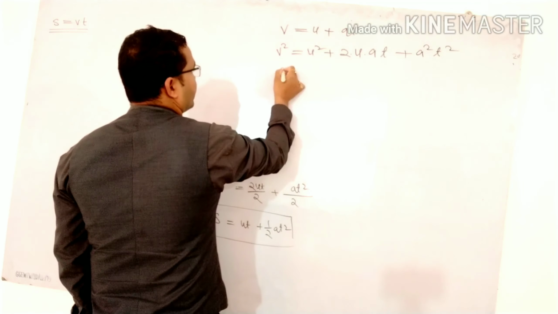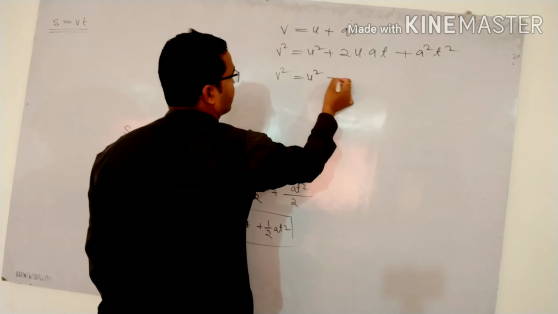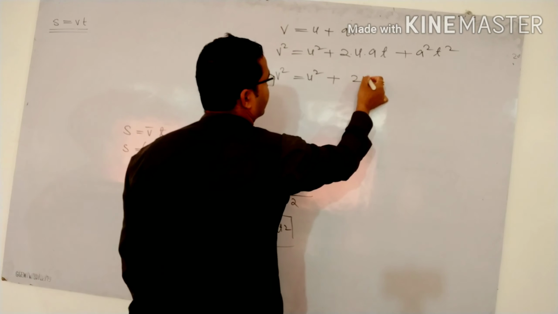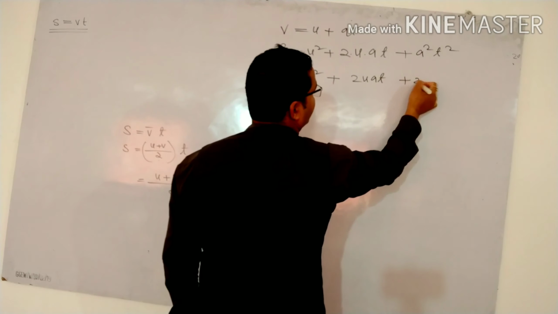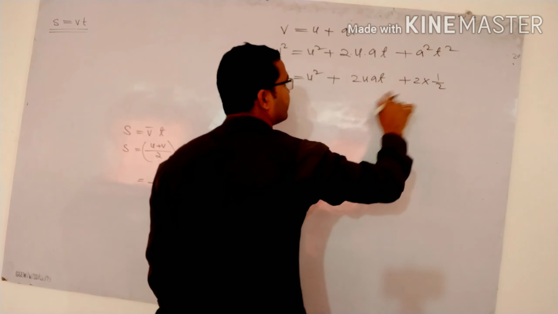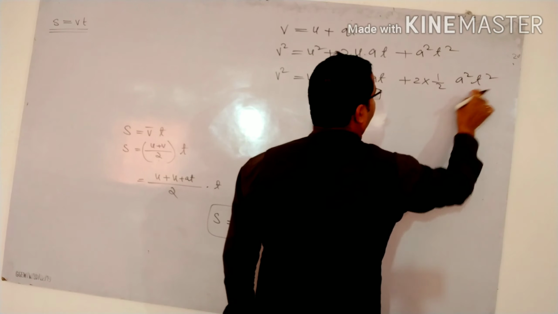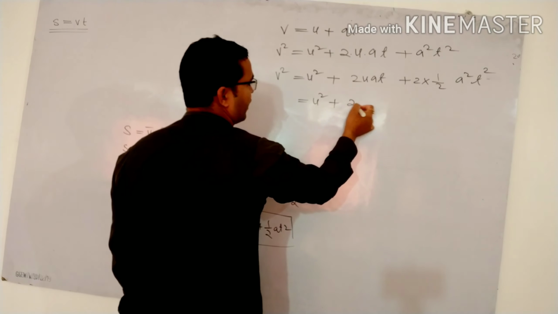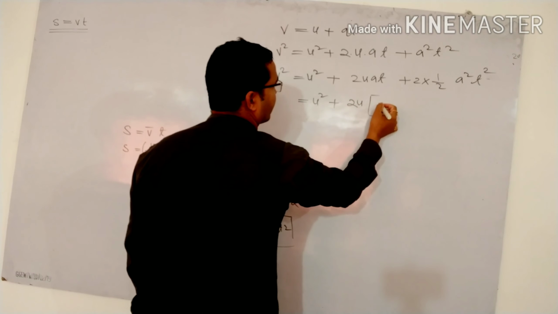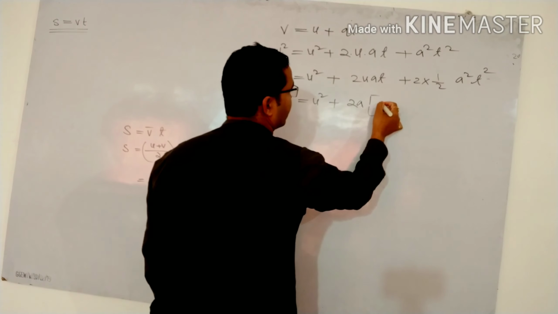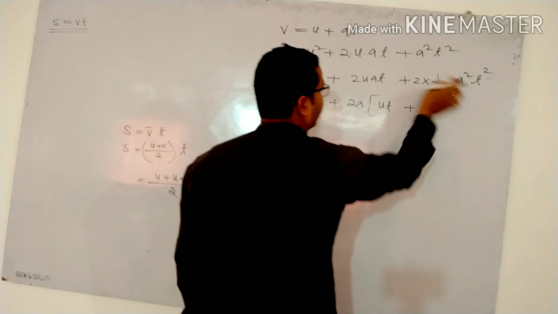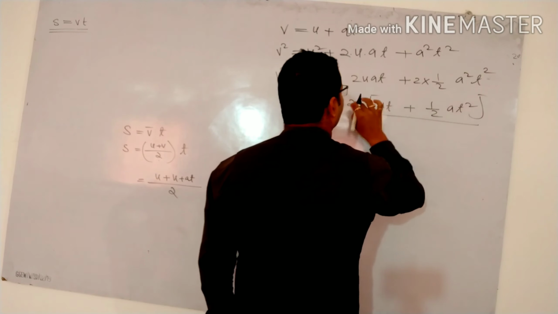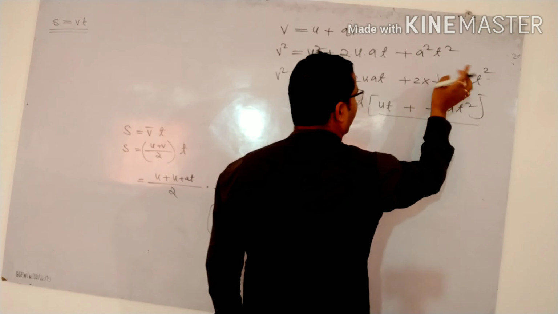So v square is equal to u square plus twice uat plus 2 into half a square t square. Taking twice a common, we get ut plus, here 2 and 1, so what remains is half of at square. To bring it in this form, I multiplied 2 into half here. 2 into half means 1, and it is 1 in front of everything.